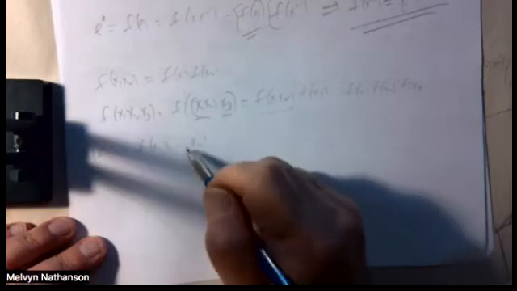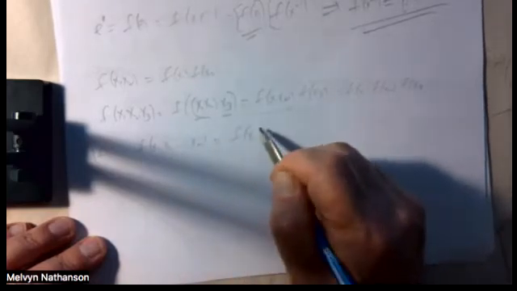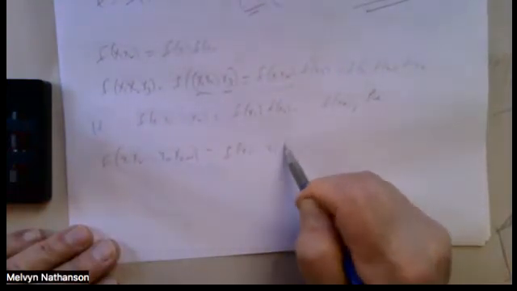Suppose f of x1 x2 up to xn, a product of n elements in the group G, is f of x1, f of x2, up to f of xn. Then if I take f of x1 up to xn plus 1, a product of n plus 1 elements, this is f of x1 up to xn times f of xn plus 1, just because I can look at this as a product of these two elements, and it's a homomorphism.